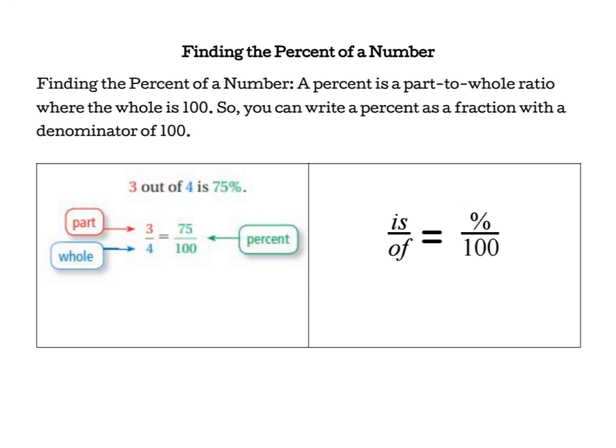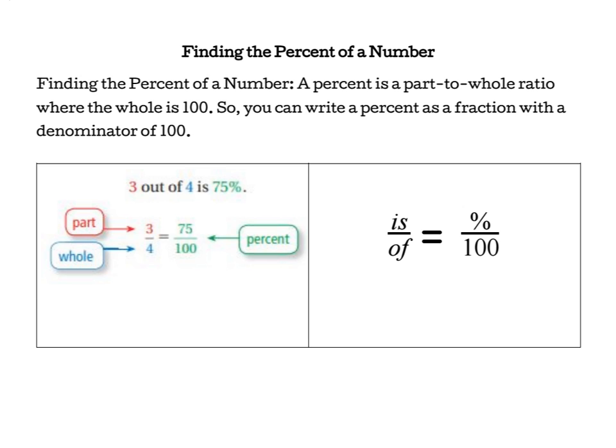So I'm setting it up. 3 is my part, 4 is the whole, and my percent is always over 100. If I transfer it over to words, it's is over of equals percent over 100. So here it says 3 out of 4 is 75%.